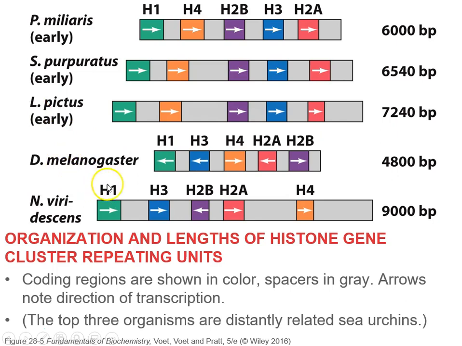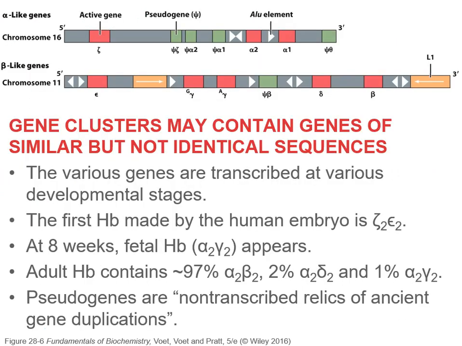And these are flies. I'm not sure what this is, but this shows the location of the histone proteins. They're very close to each other, so that means that you can regulate the production of these proteins very easily when it comes to cell division. So this is an interesting example from hemoglobin.